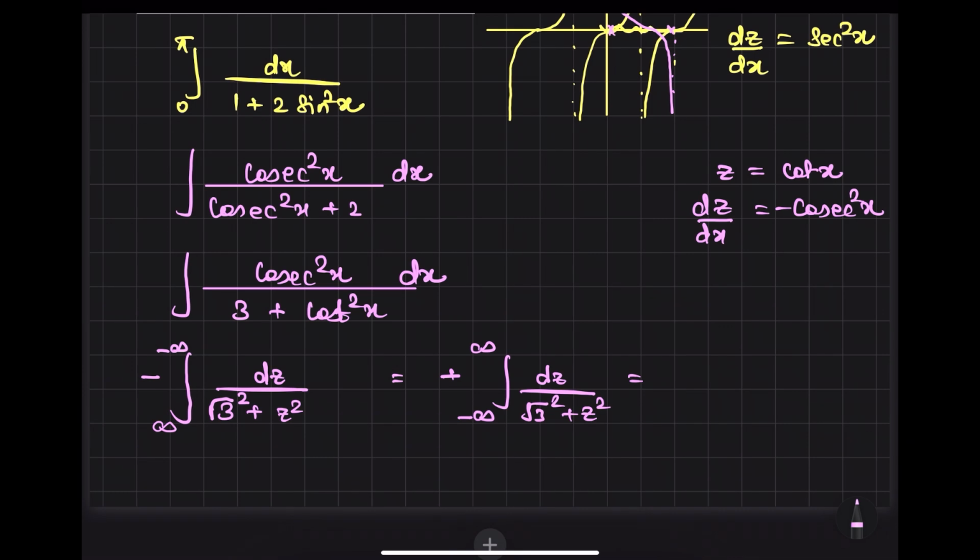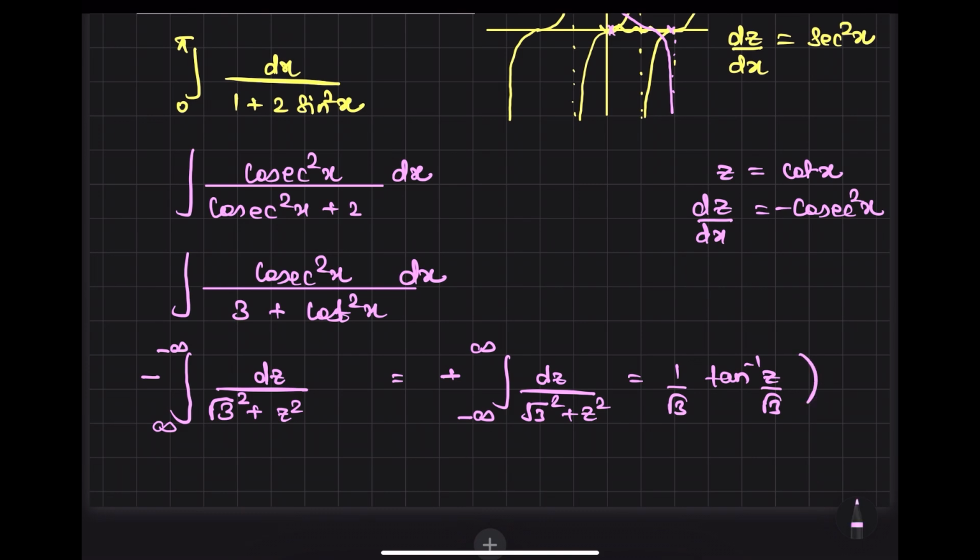If we are not comfortable we will be writing 1 by 2a. Correct? Now look at this. So it is a square plus b square. So a square plus x square. So we are comfortable in this case. So we will be writing 1 by a. So who is a? Root 3. And we are comfortable with whom? Tan. So it is tan inverse x by a. Correct? Plus, if you want to write the integration constant, you can write, but if you apply the limit, it will vanish.